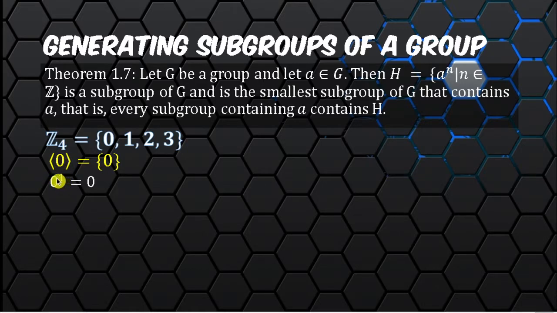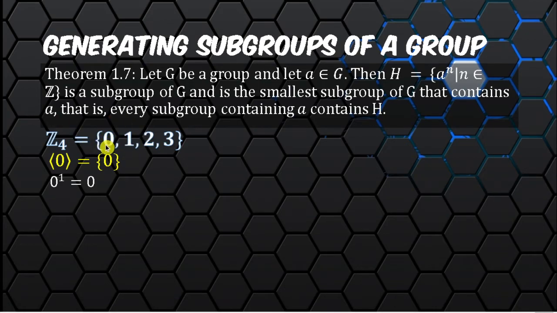Okay. So, using this theorem, i-erase natin yung a, which is in this case 0, ng n. What is n? Any element of Z. Well, since 0 raised to 1 is just 0, this subgroup is simply the trivial subgroup, or the subgroup containing the identity element.